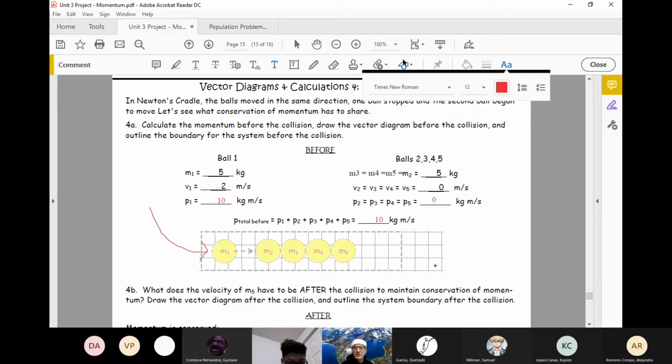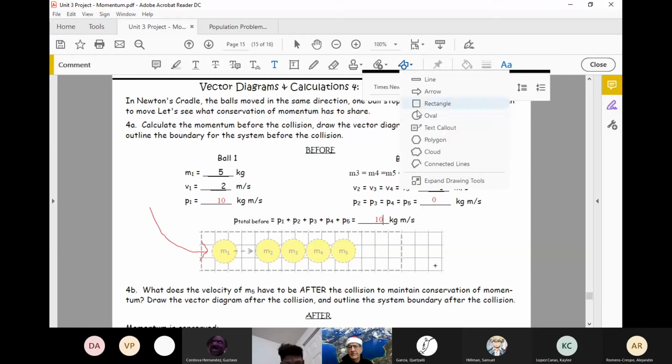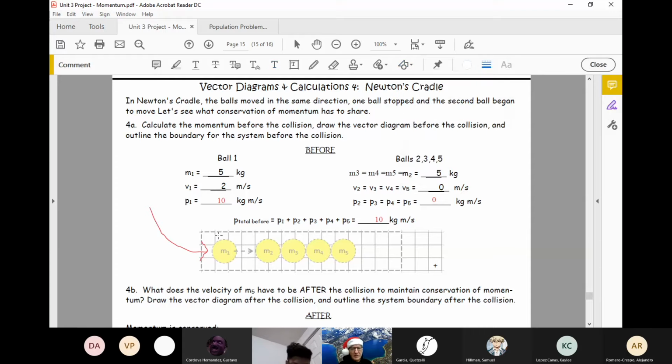Okay, so the next thing I'm going to do is draw the vector diagram. And they've shown us how to do it the first time. So I'm going to grab a circle. I'm going to try to match the size of the circle that they did right there as well as I can. And since all of these 5 balls have the same mass, I want to use the same size circle every time.